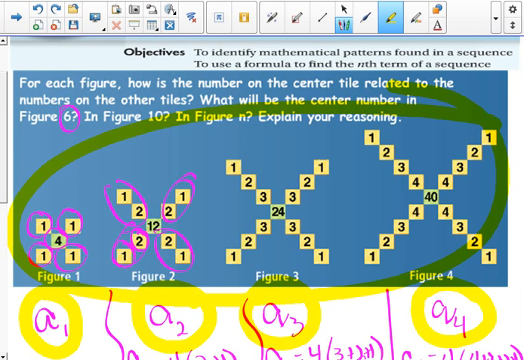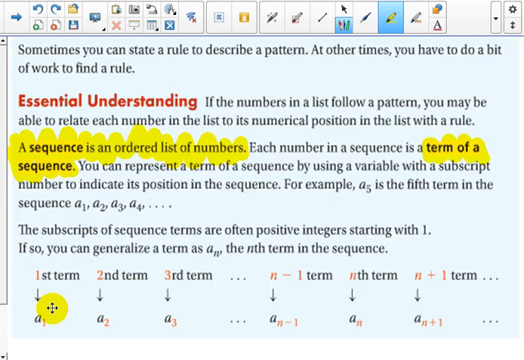And I use A sub 1, A sub 2, A sub 3, and A sub 4 purposely because this is how we represent a sequence. Each of those sub numbers are our terms and the term number. So A sub 1 is the first term in the sequence. A sub 2 is the second term in the sequence, right here.